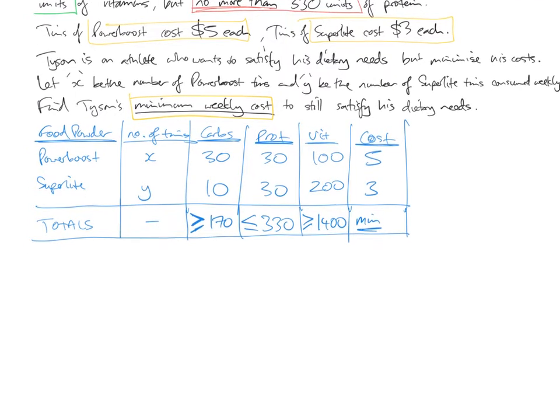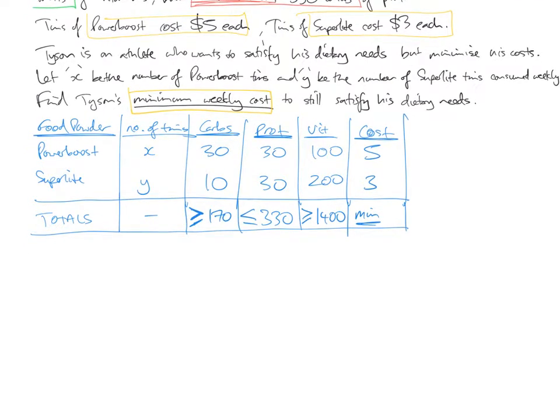Okay, so our table is done. Therefore, our constraints can be summarized like so. Number of Power Boost tins, I can't have negative of them, so x is greater than or equal to 0. Number of Superlight tins can't be negative, so y is greater than or equal to 0. Total carbs constraint is 30x plus 10y greater than or equal to 170. Where does that come from? It comes from that column there.